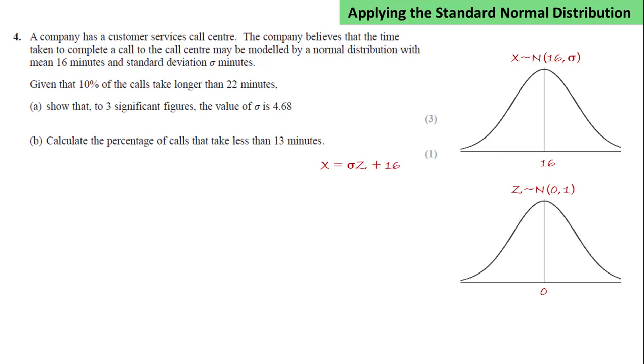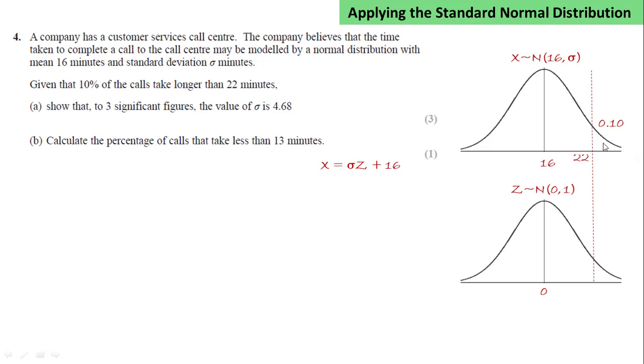We can relate these two distributions. The x distribution will be sigma times the z distribution. Multiplying by sigma spreads out the values of the z's so that they have a standard deviation of sigma. And then we add 16 to shift the mean from 0 to 16. Next, we add in the other information, and that is that 10% of the calls take longer than 22 minutes.